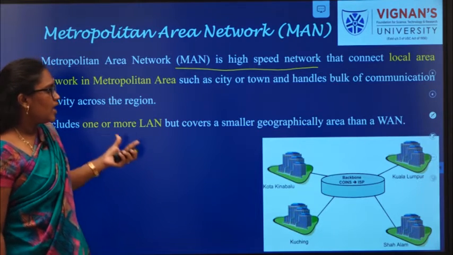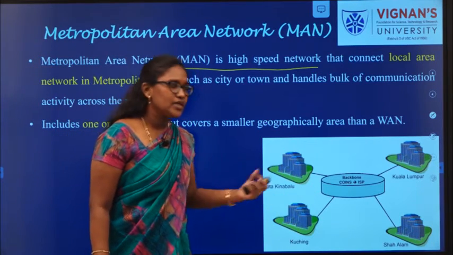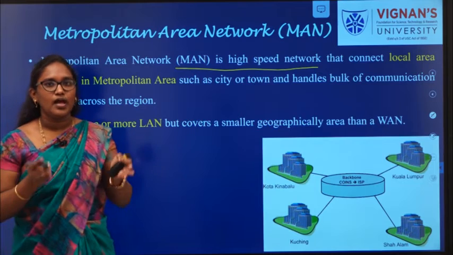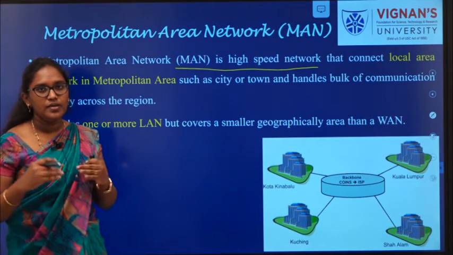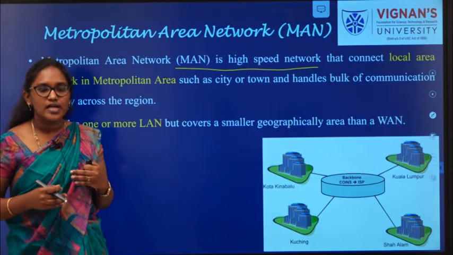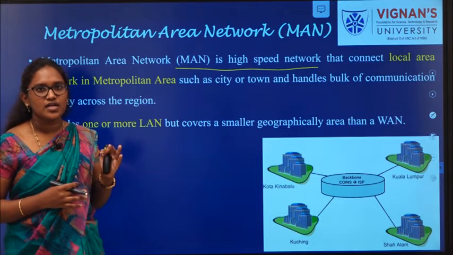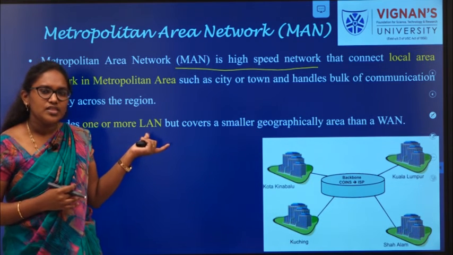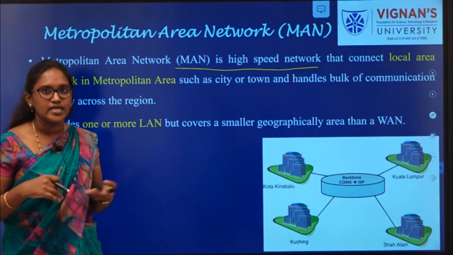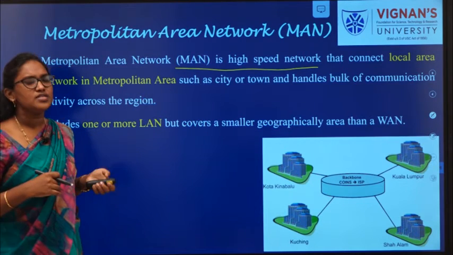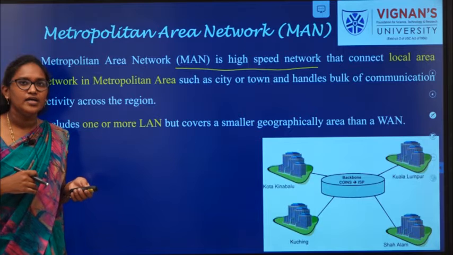So here I am having a metropolitan area. For example, I am having India, right? So in India I will have different states and different districts. To connect within that particular city or within that particular state, we will make use of this metropolitan area network.